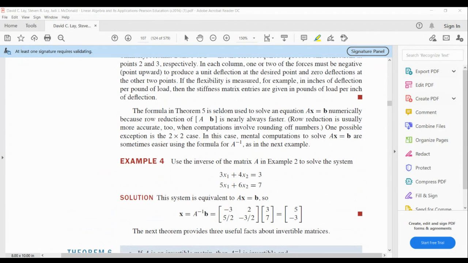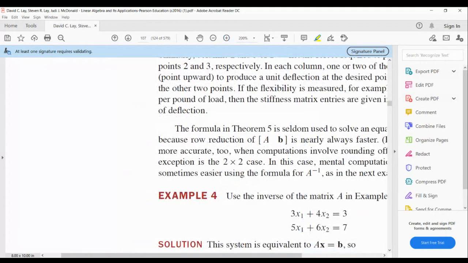That's right. 3, 4, 5, 6. And they found the inverse back in example 2 using the formula. They found A inverse to be equal to -3, 2, -5 halves, and -3 halves.